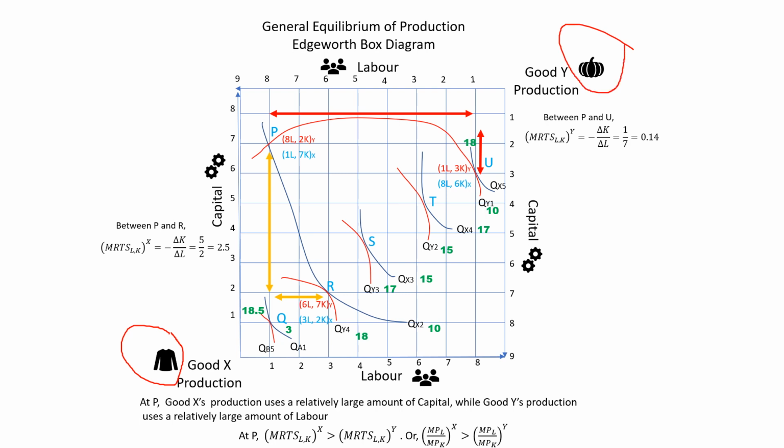So these are two goods that are being produced, and we will explore how the production will be carried out with regard to these two goods as part of arriving at the conditions for general equilibrium of production.